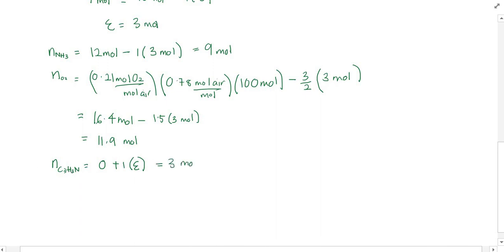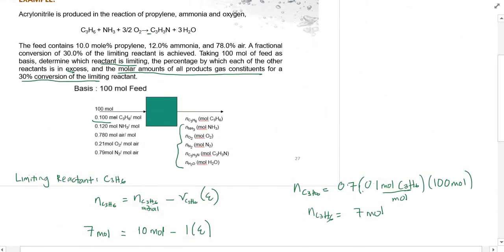So your number of moles of acetonitrile at the end of the reaction is 3 moles. Next we have water. You don't have water at your input, so the initial number of moles for water is 0.